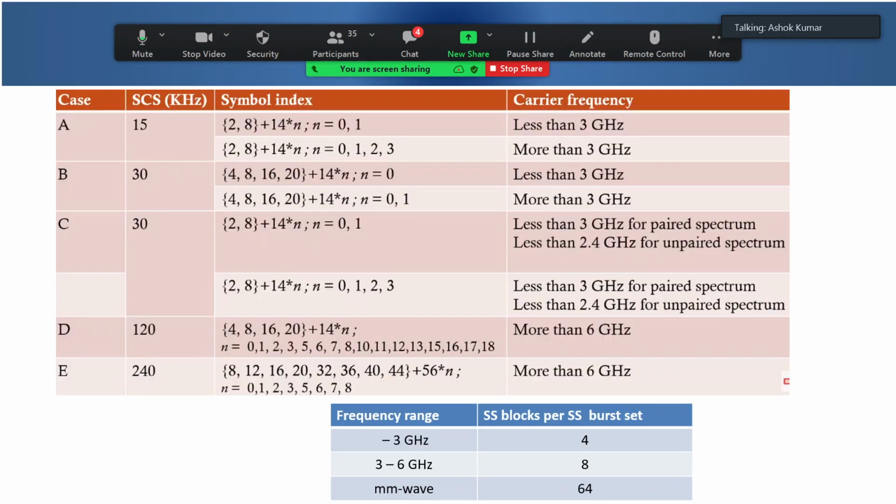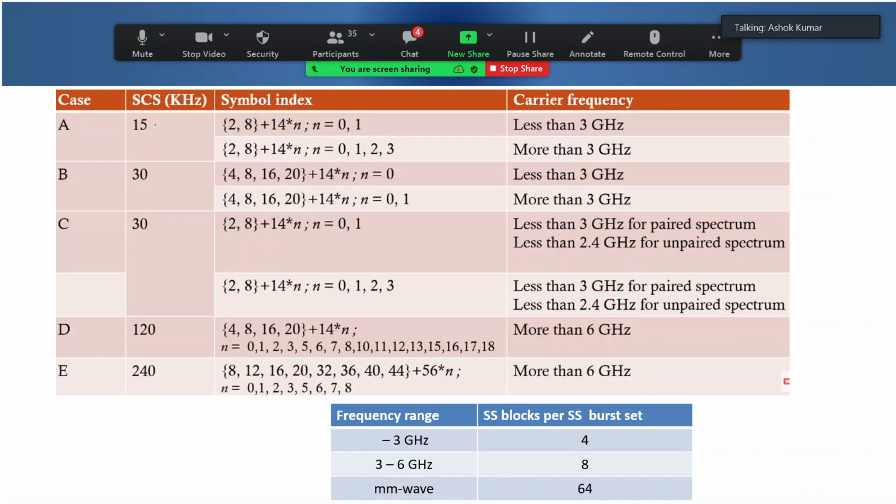This is again a table taken from a specification document. This table gives you where your SS block can be located in terms of which symbol, depending upon the numerology used, the subcarrier spacing. Just look at this picture. We'll take one example.